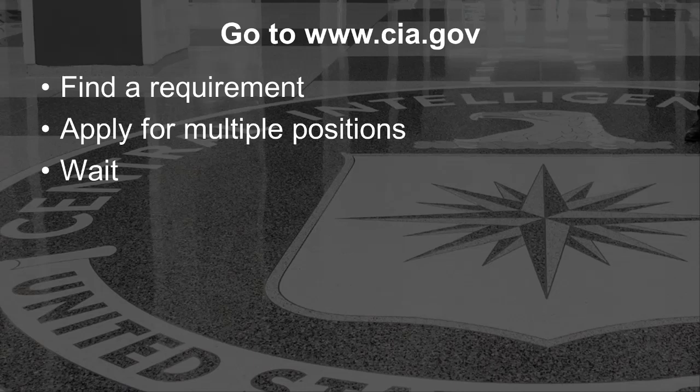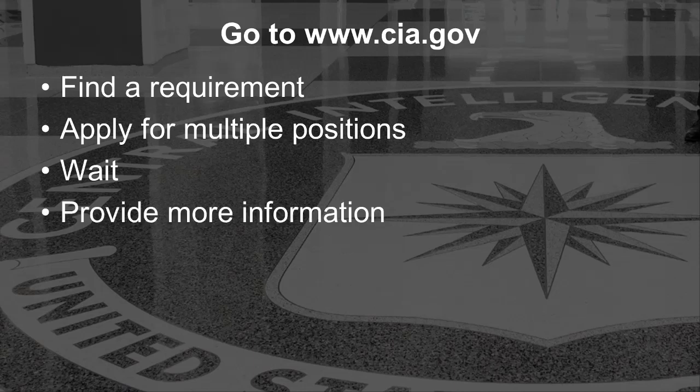You'll be contacted and asked to provide a lot more information, answer several questions in writing, and take some online tests. And then you wait. And here again, if you haven't heard anything in 45 days, it usually means there's no further interest. But if there is, the next step is a single interview, either in person or over the phone. After the interview, you'll wait some more.